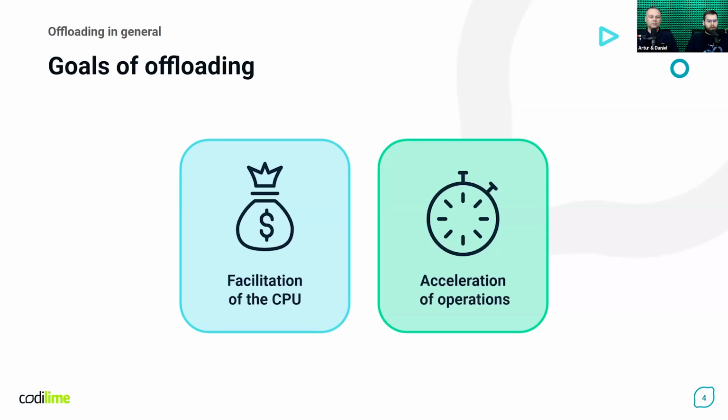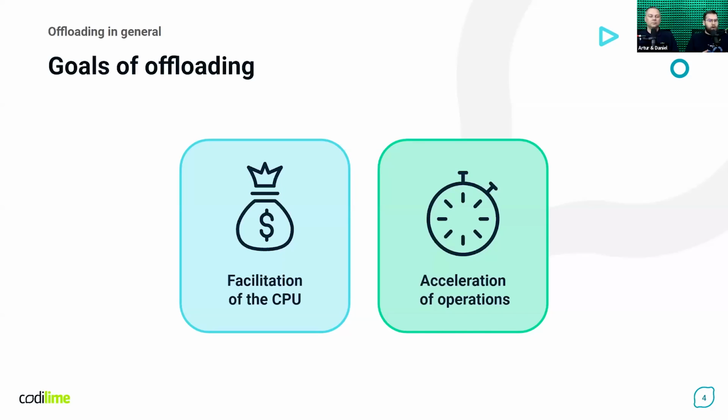So each opportunity for optimizing resource usage can be lucrative for both groups. With offloading, we can save CPU time by outsourcing tasks from the main CPU to other hardware. We can also aim to accelerate those operations. The best example here would be offloading and acceleration of 3D or AI tasks to the GPU.